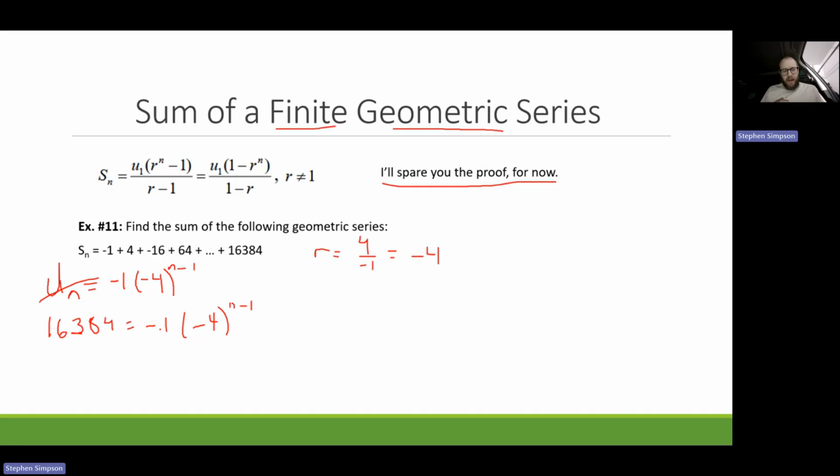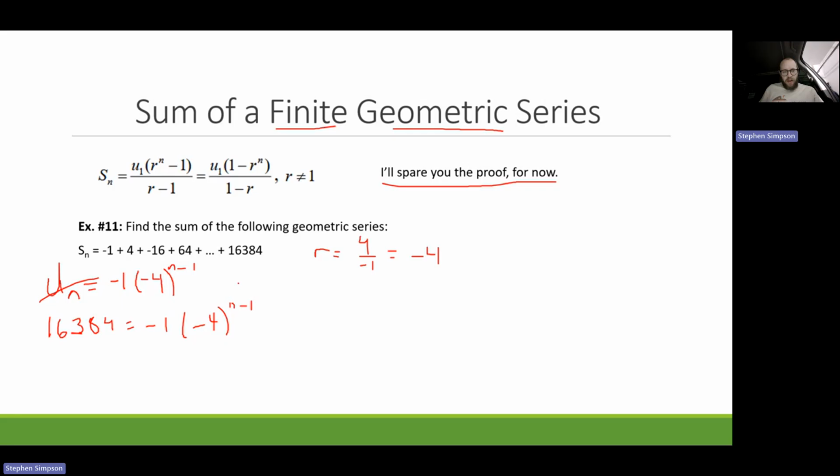What I'm typing in right now is -1 times -4. I'm going to keep multiplying by -4. So there's once, twice, thrice, 4 times, 5 times, I'm not there yet, 6 times, not there yet, 7 times, I'm there.